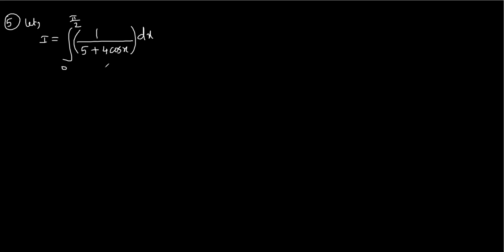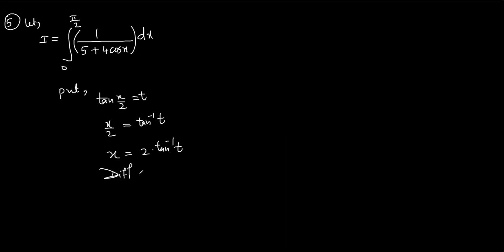So here I will write: put tan x by 2 equals t. If tan x by 2 is t, x by 2 is tan inverse of t and x is equal to 2 times tan inverse of t. I differentiate with respect to t.